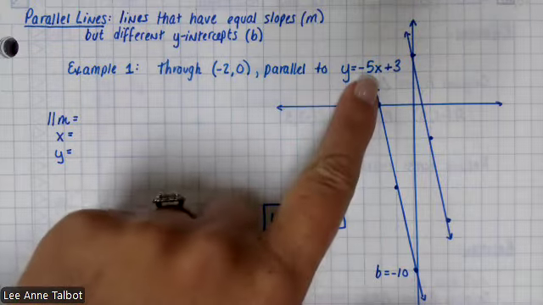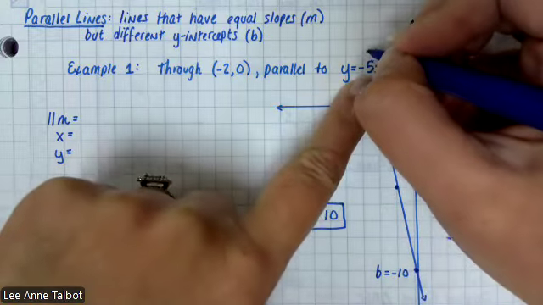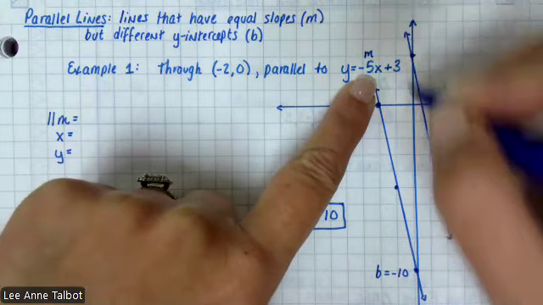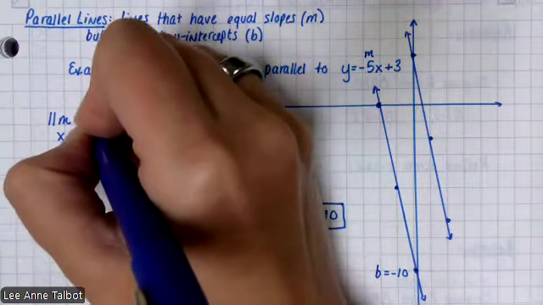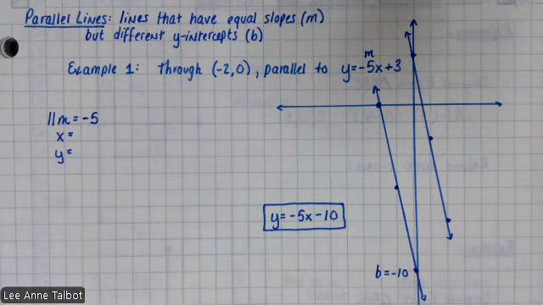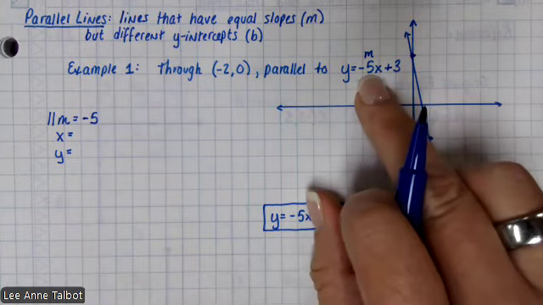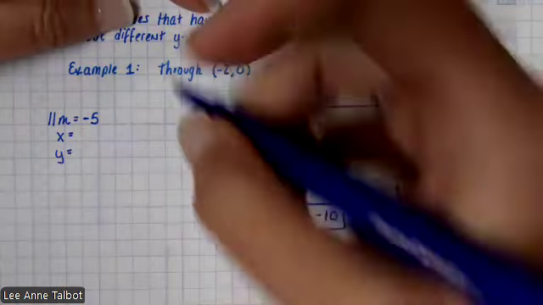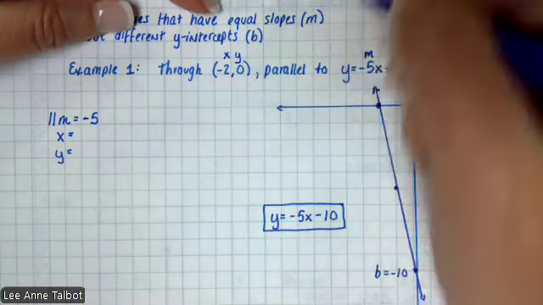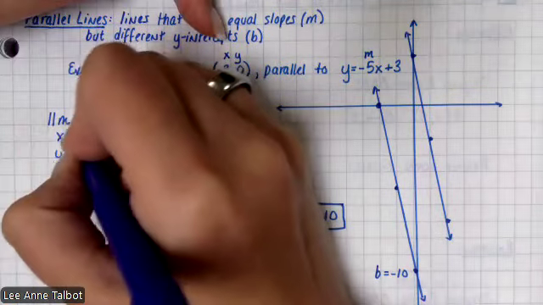Okay, now here's my slope, -5. What's the parallel slope to that? -5. Remember, parallel lines have the same slope. So if the original slope is -5, the parallel slope is -5. And then x and y is the point that they gave you that it goes through.